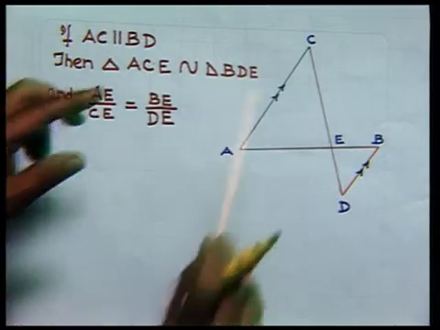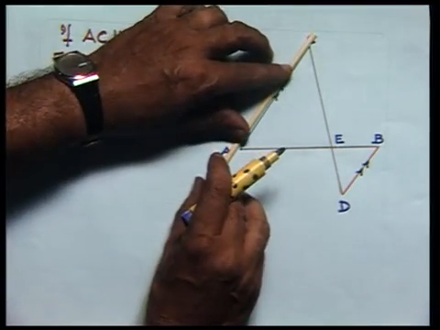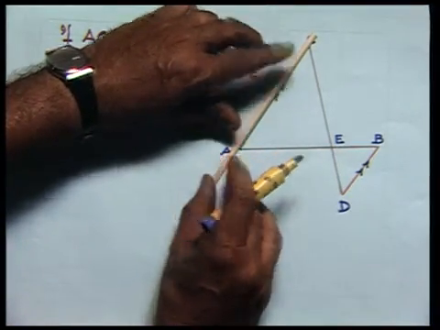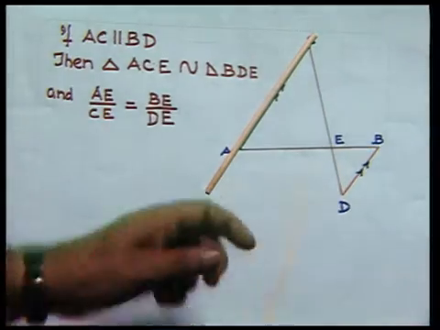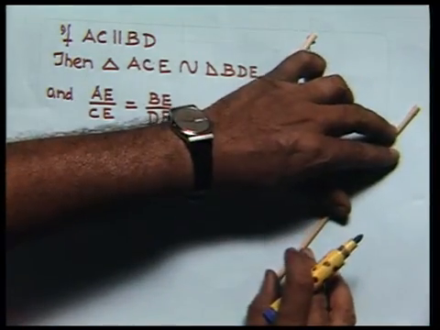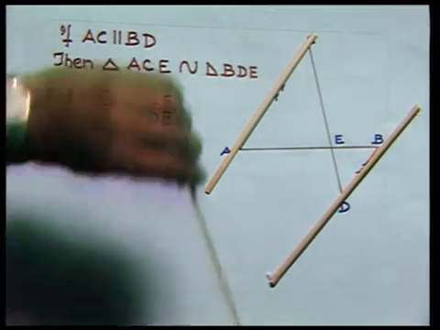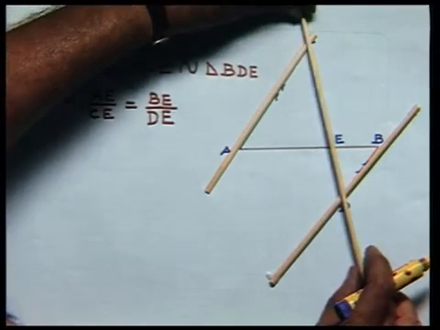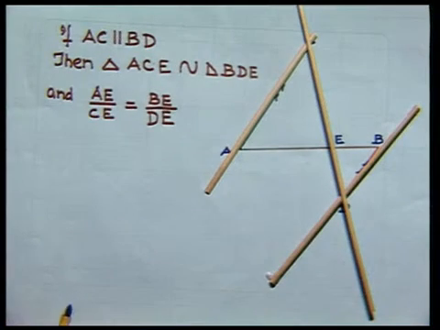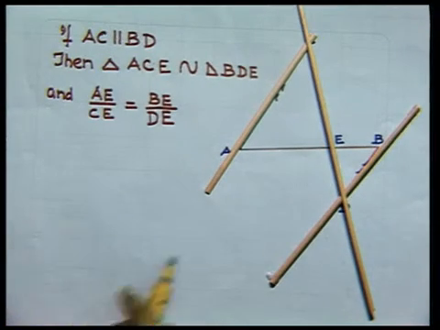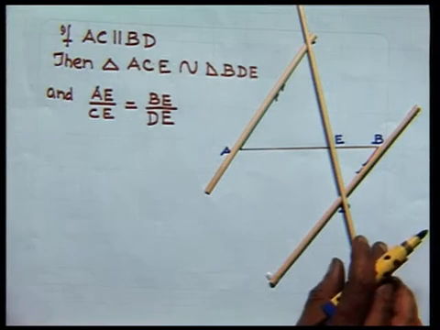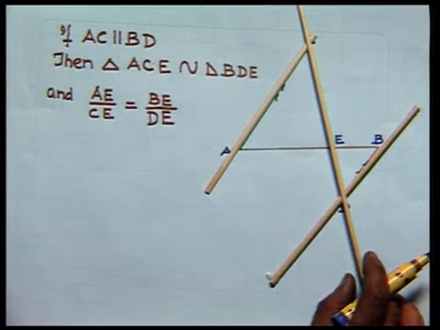Now, here let us see this. These lines were given to me as parallel, and here is a line which is acting as a transversal. And you know this, that when two parallel lines are cut by a transversal, then alternate angles are equal.